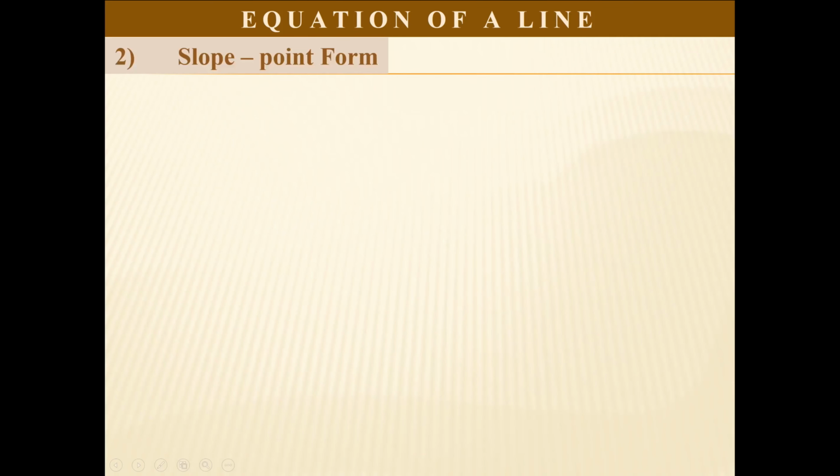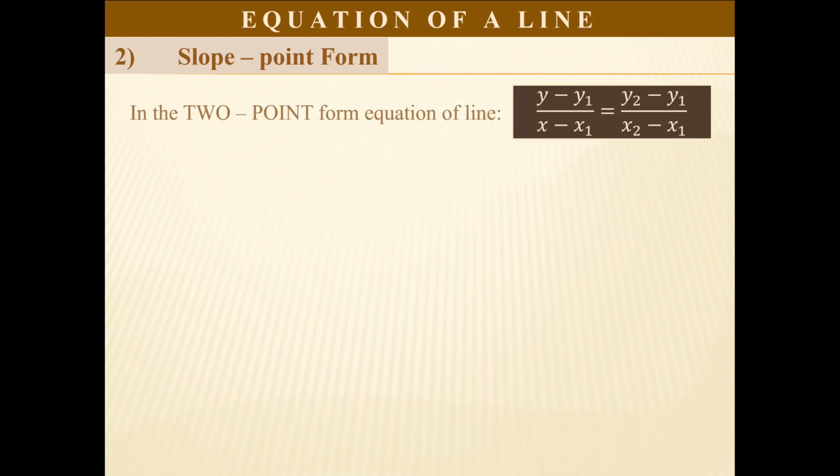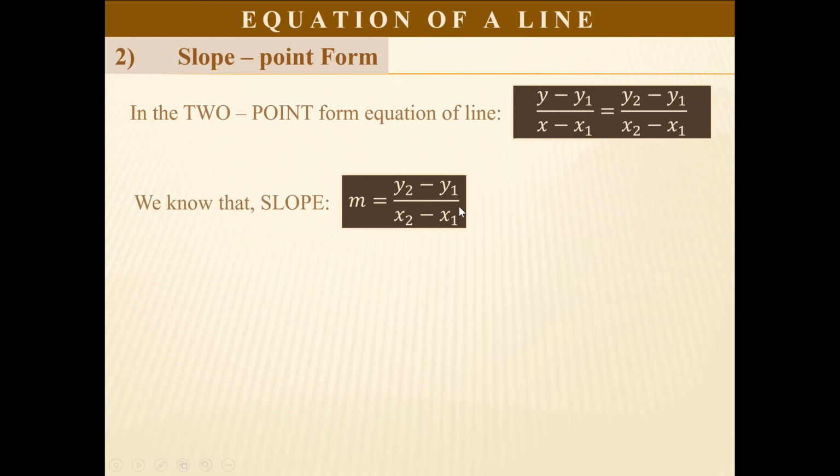Next, the slope of the line and 1 point on the line are given. We have derived the 2-point form of the equation of a line, and in this form, the right hand side is the formula for slope. So instead of 2 points, when we are given the slope directly, we can replace the right hand side with m.